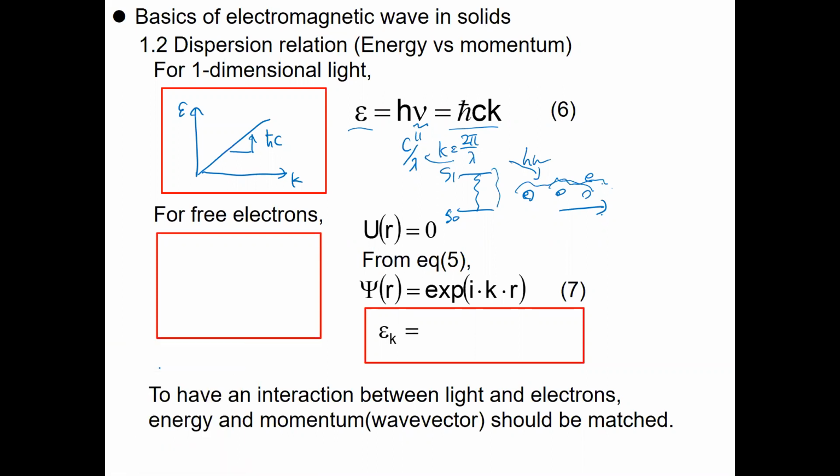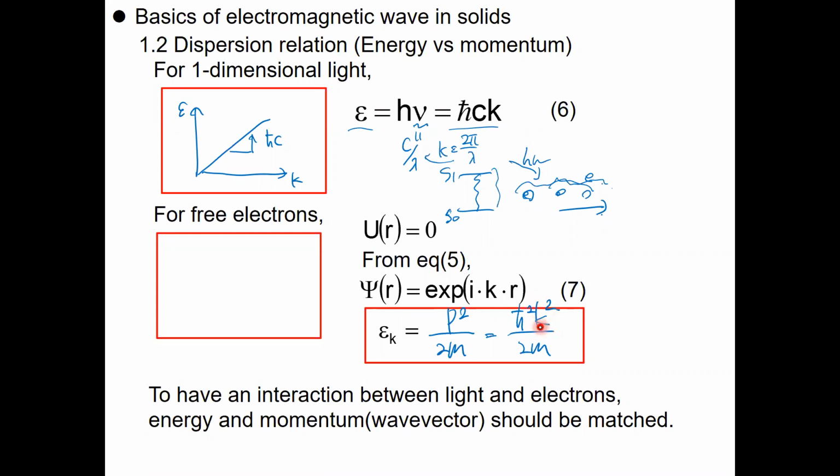Then you can obtain epsilon(k) equals p squared over 2m, equals h bar squared k squared over 2m. This relation indicates the energy is proportional to the square of k.